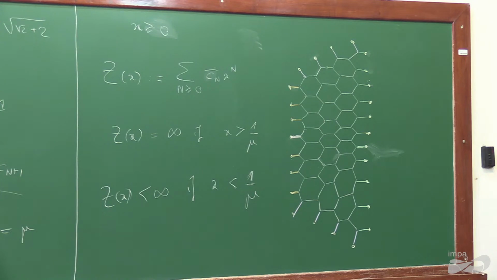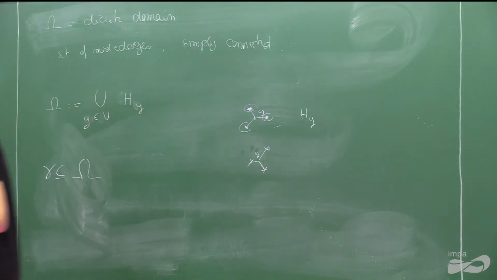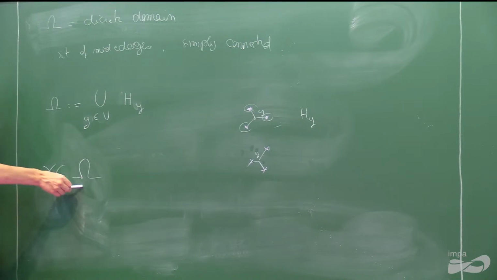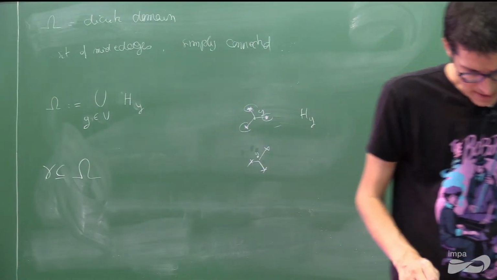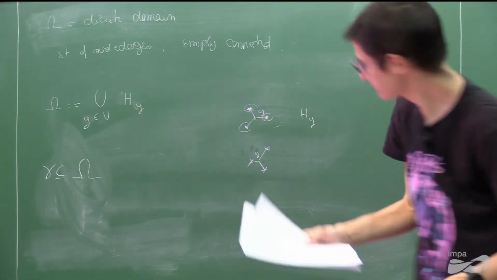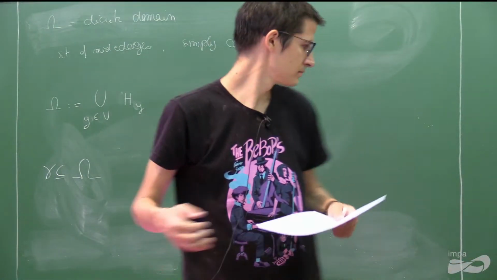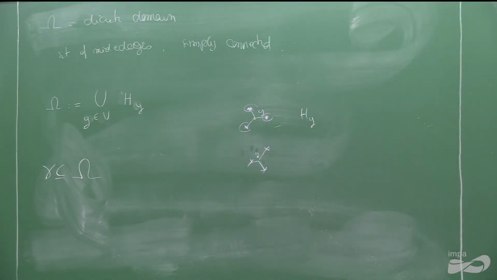And now if I have a self-avoiding walk gamma, I will just write gamma is included in omega. It's a bit improper because gamma is not a set, it's a sequence of mid-edges, but if all its elements are in omega. Okay, and I'm going to consider the following observable. So I will have lots of parameters.